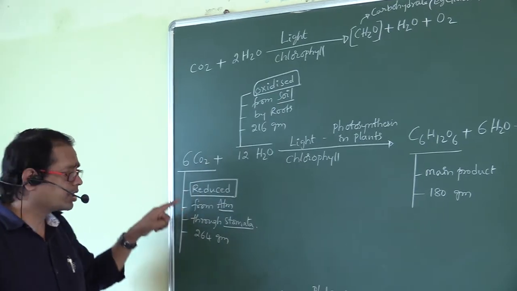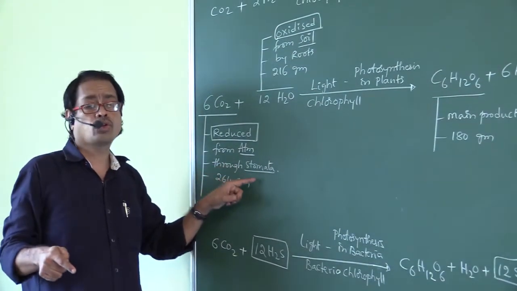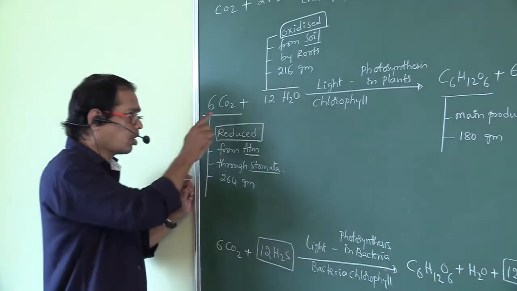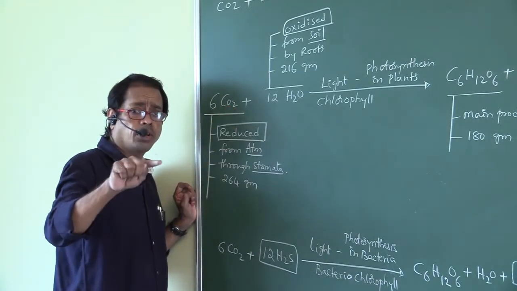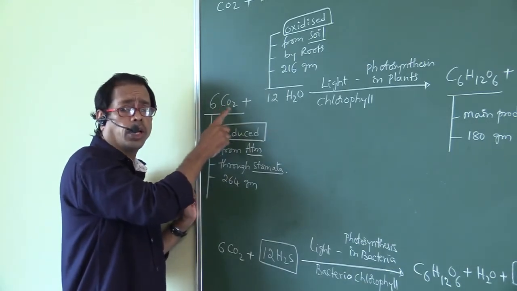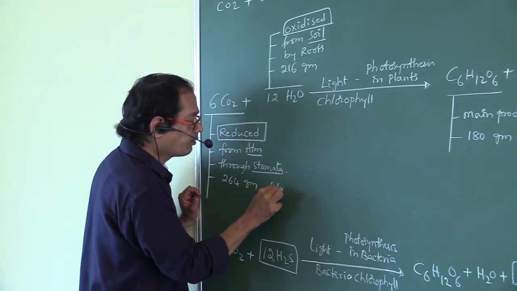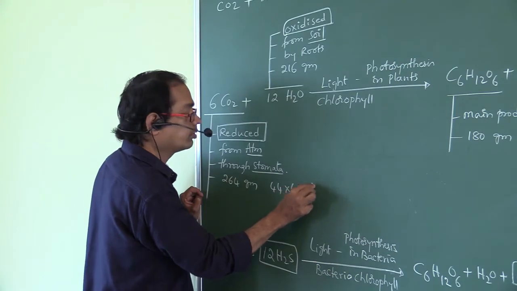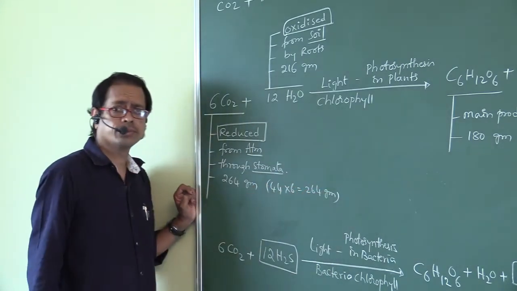This carbon dioxide is obtained from the atmosphere through stomata into the leaves. What is the molecular weight? Oxygen 16, O2 is 16 plus 16, 32, plus carbon 12, that is 44. So 44 into 6 is equal to 264 grams.